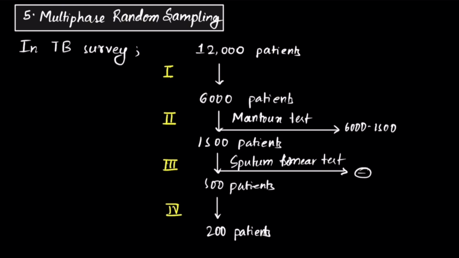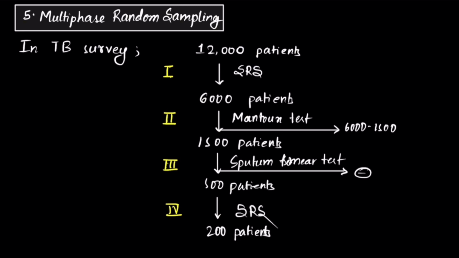So in this process, sampling is being carried out in multiple phases, and in these phases, the patients that show a negative test are removed from the sampling process. Now the question is, how is this sampling process made random? It is made random by carrying out simple random sampling or systematic random sampling at the first phase and at the last phase.